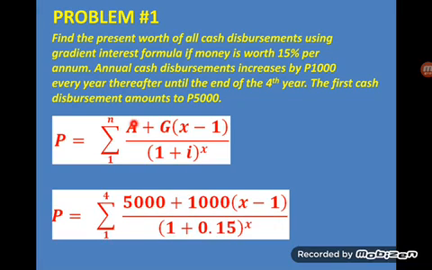Our first cash disbursement amounts to 5,000, and this increases by 1,000 every year. So we'll have 5,000 plus 1,000 times (x minus 1), divided by 1 plus our i, where the worth of money is 15% per annum, raised to the power of x, where your x is to be varied from 1 to 4.